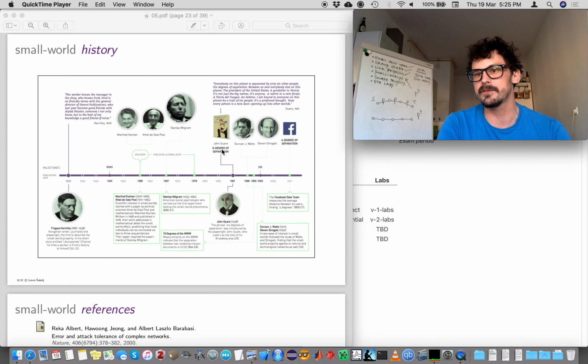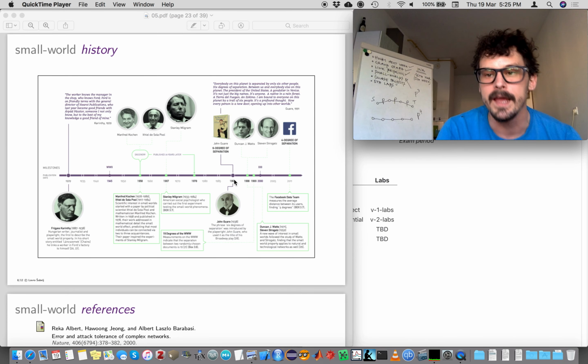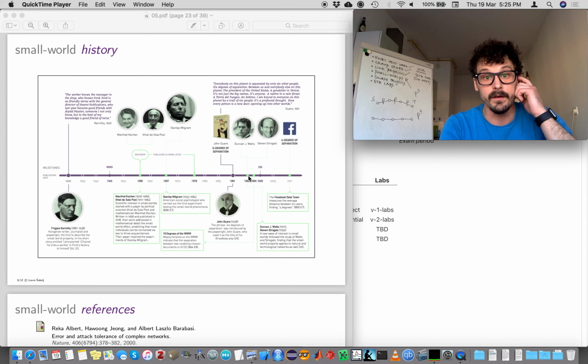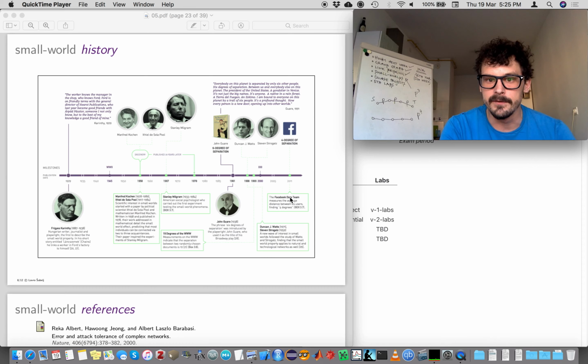The term six degrees of separation is not something that Milgram came up with, but was actually first used in some Broadway play in the 90s, and people just took it up. Then here are Duncan Watts and Steven Strogatz who published the small world paper about the small world model in '98. And finally, the Facebook data team estimated that the average distance between the nodes on Facebook is around 4.7.